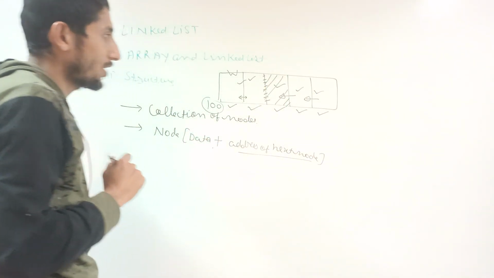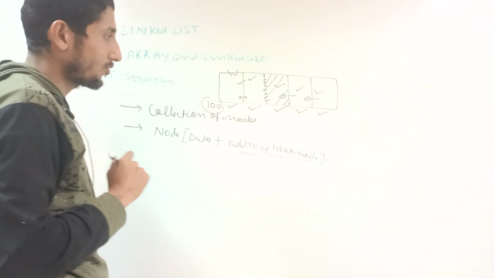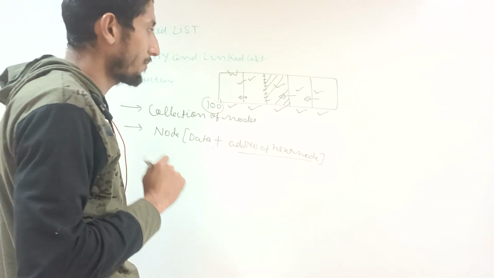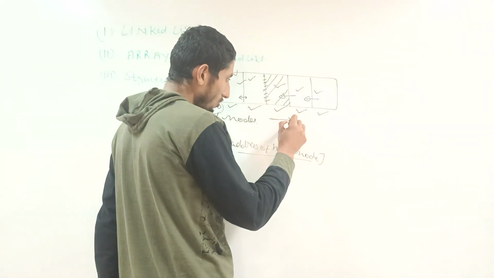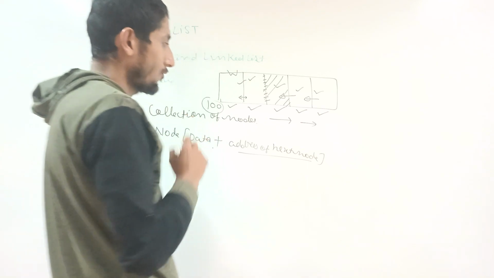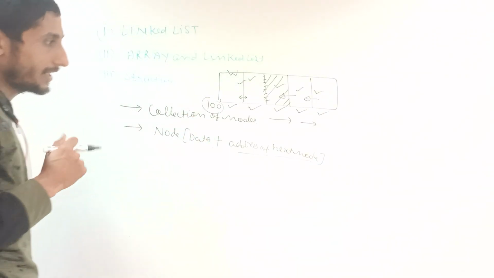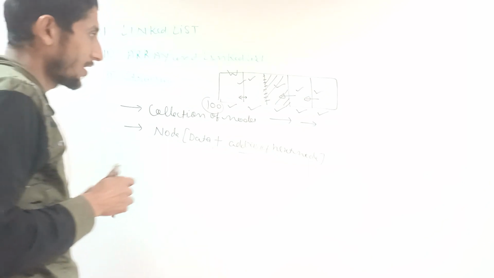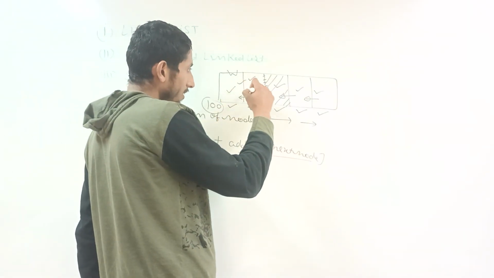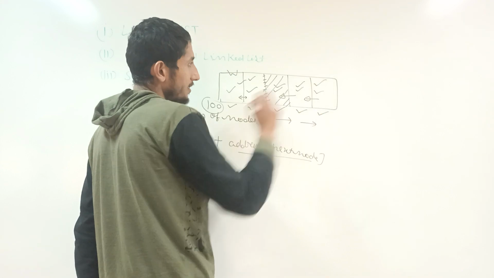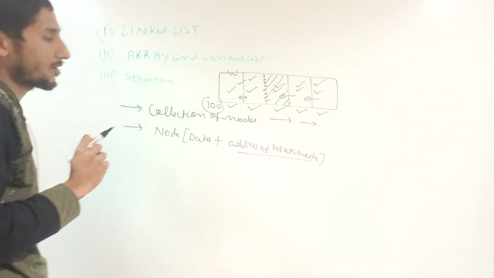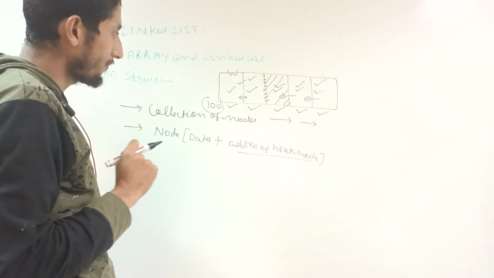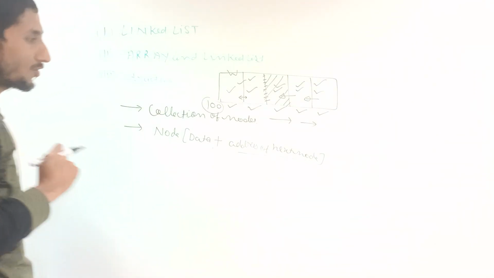Or whenever you have to insert a new block at a particular position, you have to shift the blocks to the right. Why? Because you have to maintain the properties of array, and the property of array says that all blocks should have equal size.